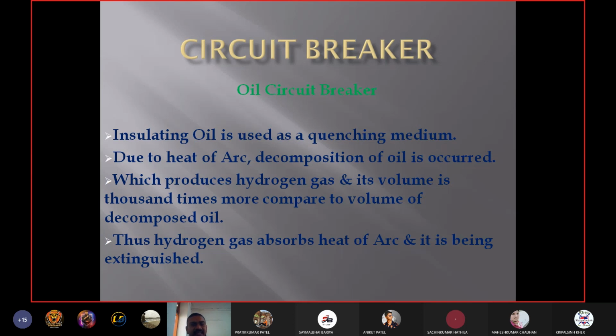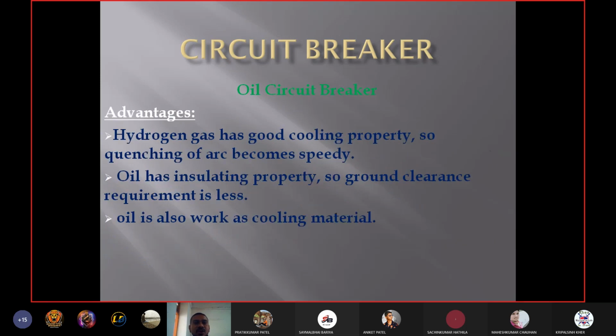This hydrogen gas has a volume 1,000 times compared to the volume of decomposed oil, and it absorbs the heat of the arc. Due to the absorption of heat, the arc is extinguished. Okay, in this manner this oil circuit breaker operates.